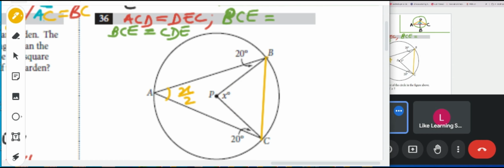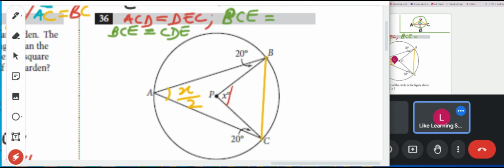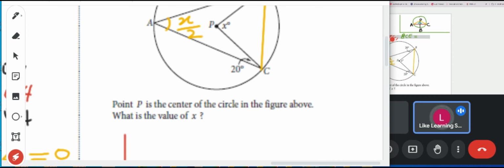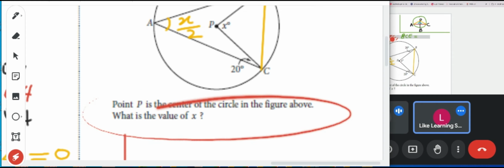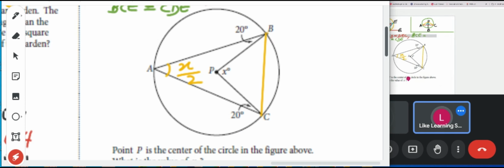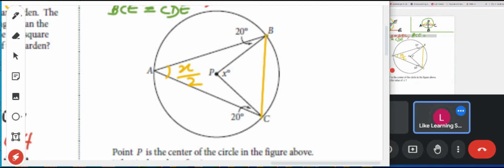Yes, sir. This place is X over 2, while here is X. Okay, having said that, what is the question again? Just read the question. What is the value of X? Okay, we're looking for X.